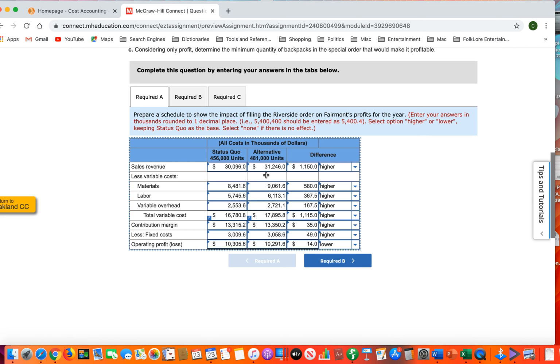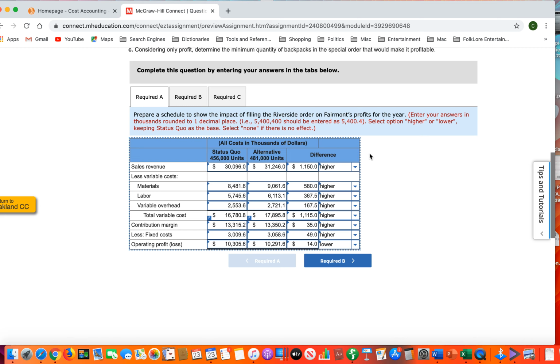So the way I did it is I said, okay, 25,000 of these backpacks at $46. So multiply that, 25,000 times $46, and that's $1,150,000. Then what's the variable cost? Well, the variable cost is now $44.60.